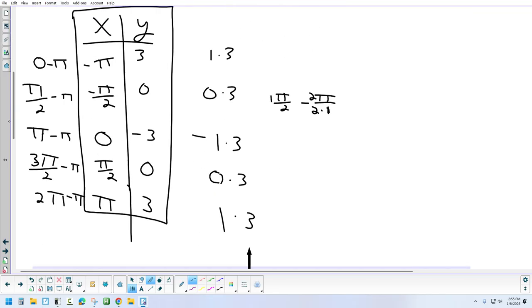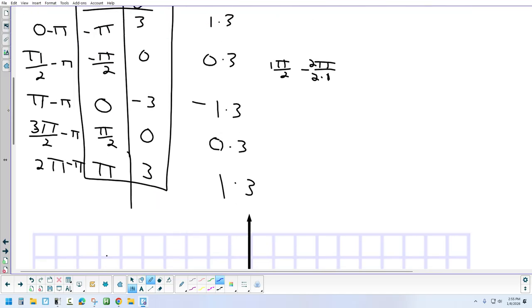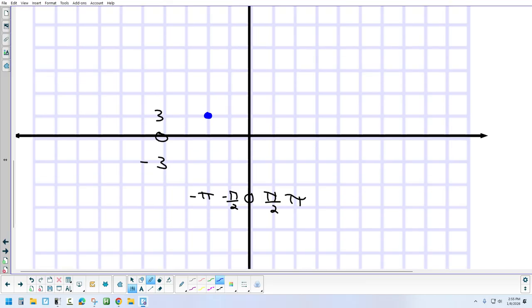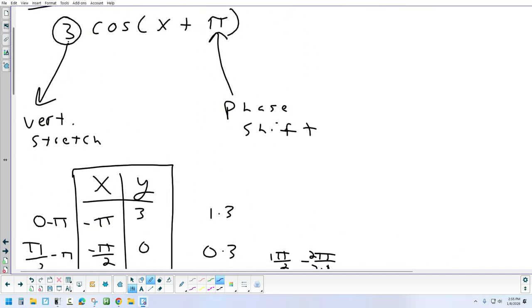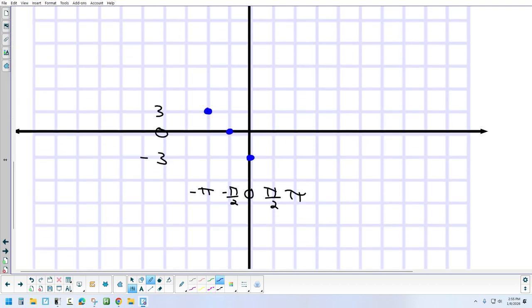Okay, so now we just graph our points. So we've got negative pi, we're at 3. Negative pi over 2, we are at 0. Zero, negative 3. And then what about when we get to pi over 2?